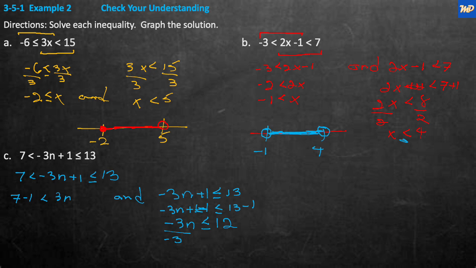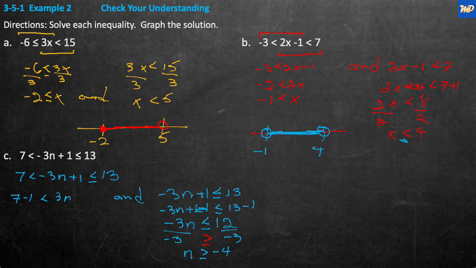What happens when we divide by -3? This inequality changes. So now the inequality is going to be greater than or equal to. Okay, and it's 12 divided by -3. So the answer is going to be n is greater than or equal to -4. That's this side.